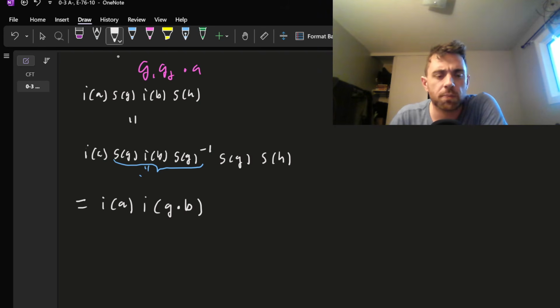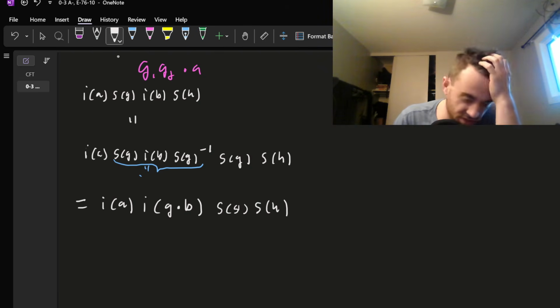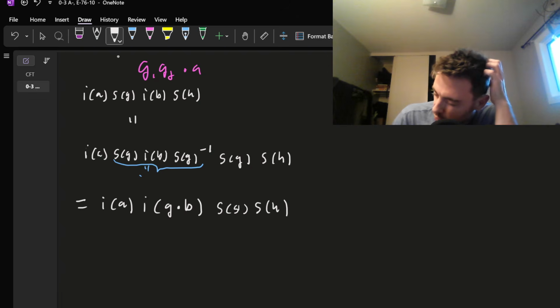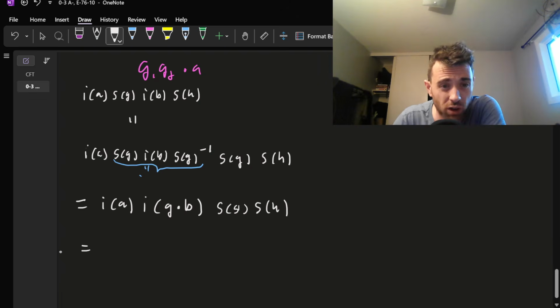But now we're left with this term s(g) s(h) here, right? And the problem was that in the other case, that was a homomorphism. So what do we do in this case? Well, we can rewrite it. So this is i(a), i of g dot b.